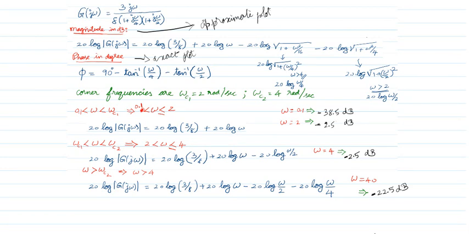Okay. Now we can look at the terms, right? This is the magnitude response. Okay, it is having 4 terms. And we are taking a frequency omega between 0.1 and 2.